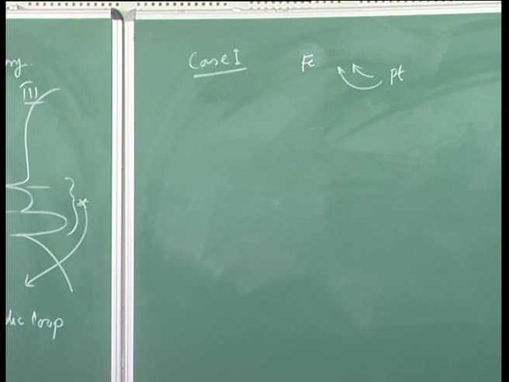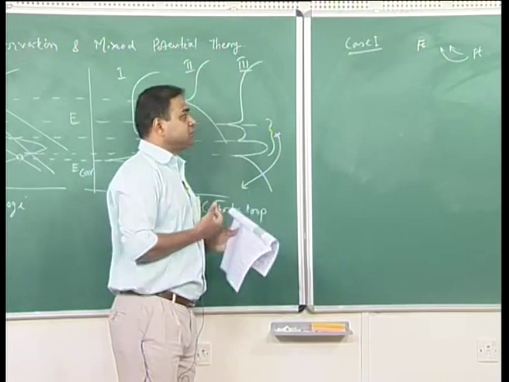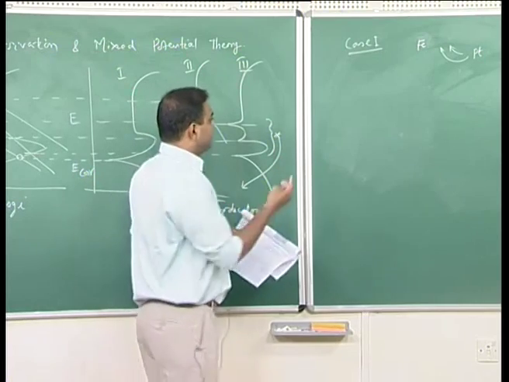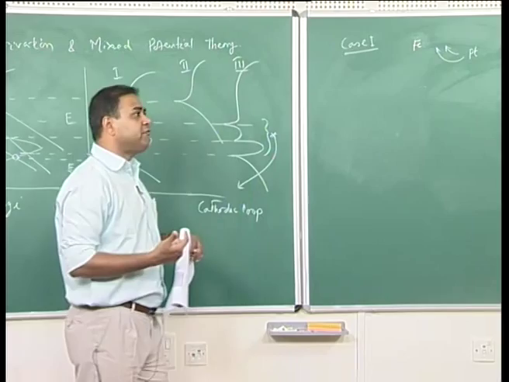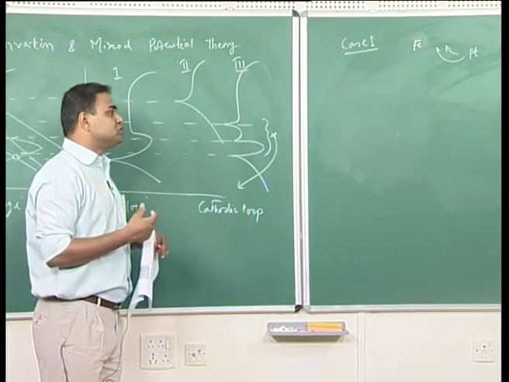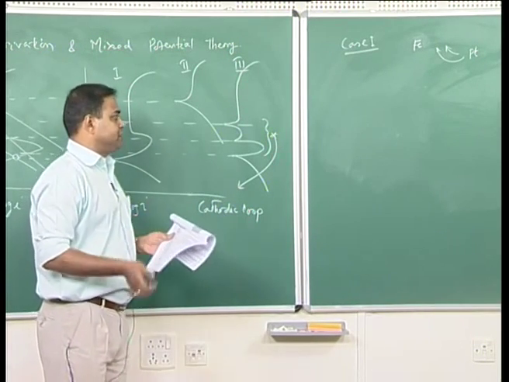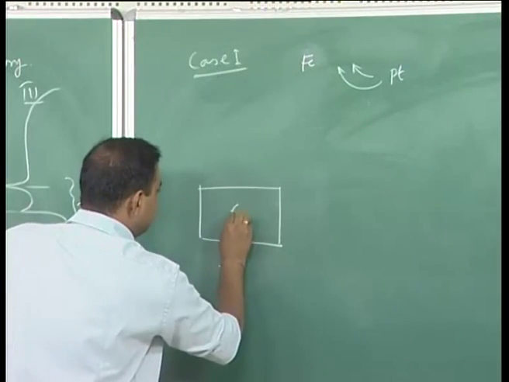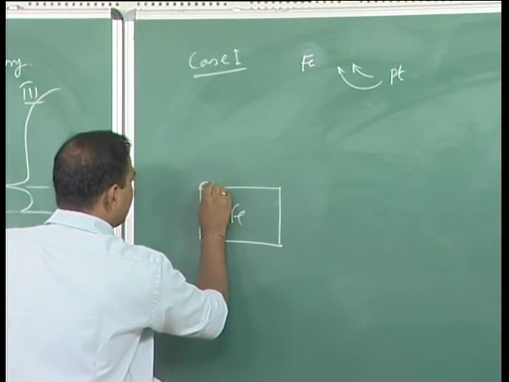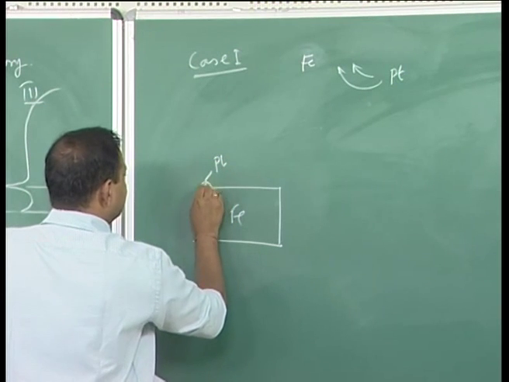Now, if it is exposed to air free acid, then your cathodic reaction would be hydrogen evolution, and the same thing will follow as in the case of titanium. You will have platinum enriched zones on the iron surface. So, you have this situation again: this is iron, and on the surface you have platinum enriched zones.